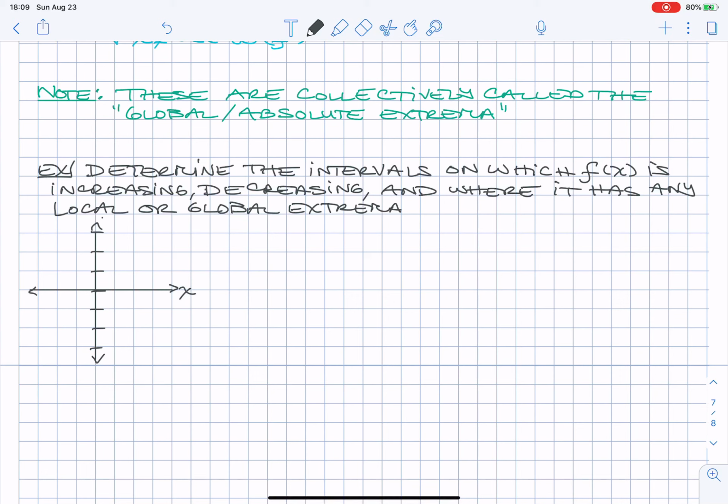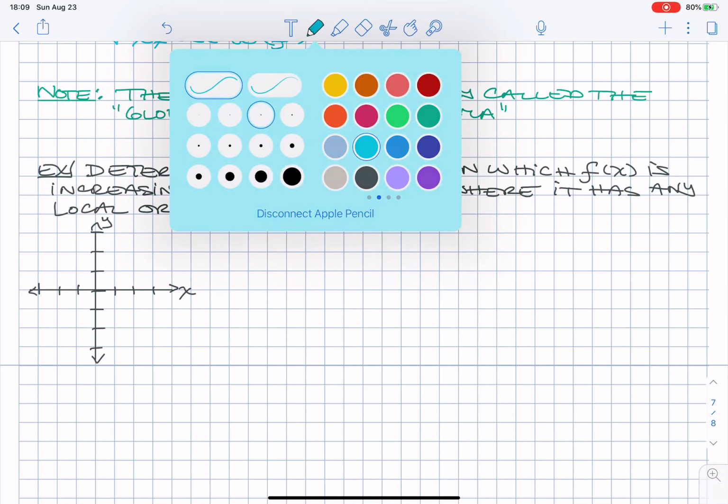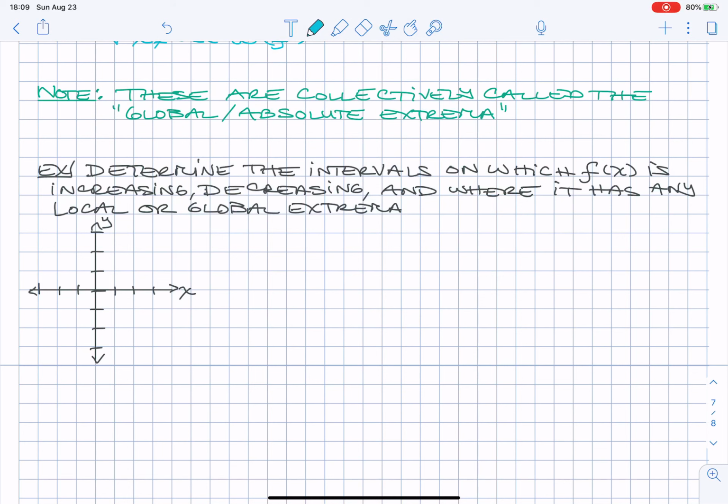So x and y. Let's go out to 2, 2, 3. Okay, so now I've got a function that looks like so.